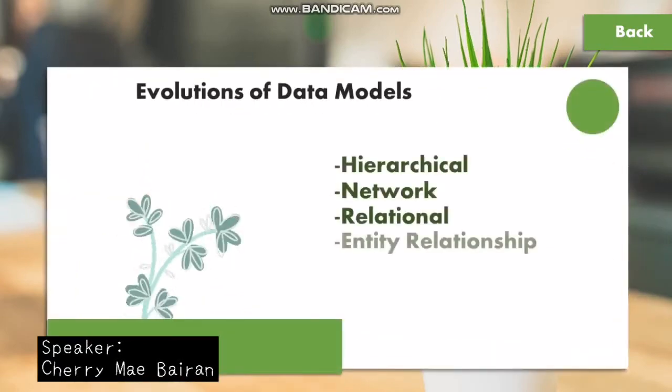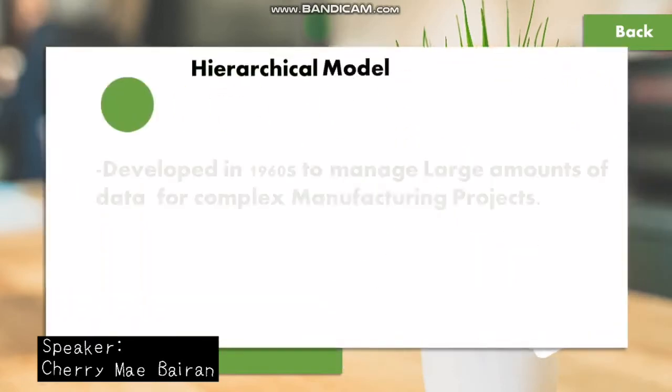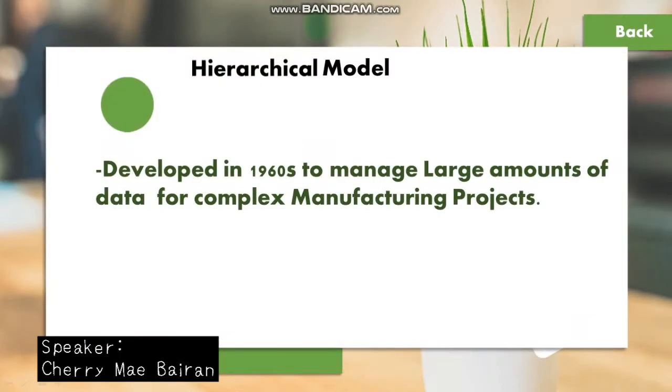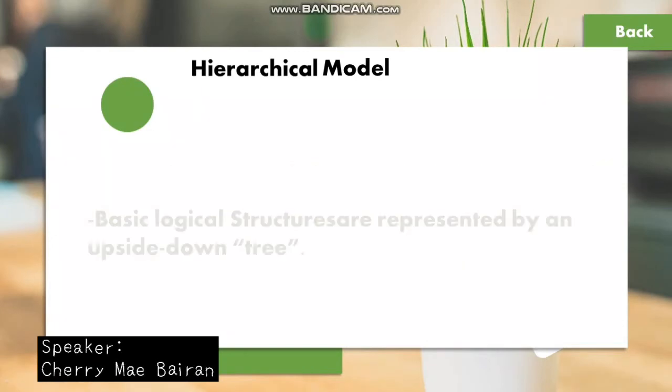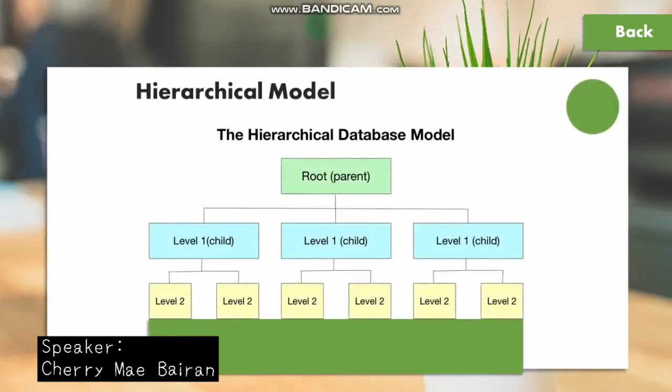The hierarchical model structure was developed by IBM in 1960. Hierarchical models are still widely used, especially in applications that require very high performance and availability, such as banking and telecommunications. Hierarchical models only have one parent or root and several children.